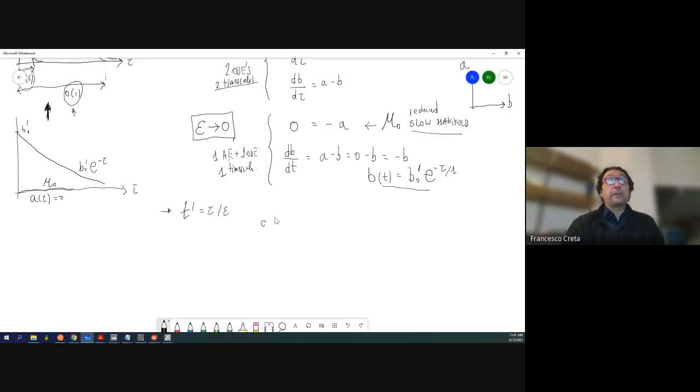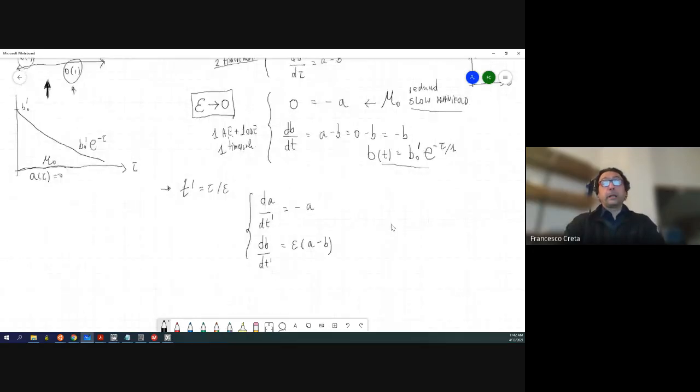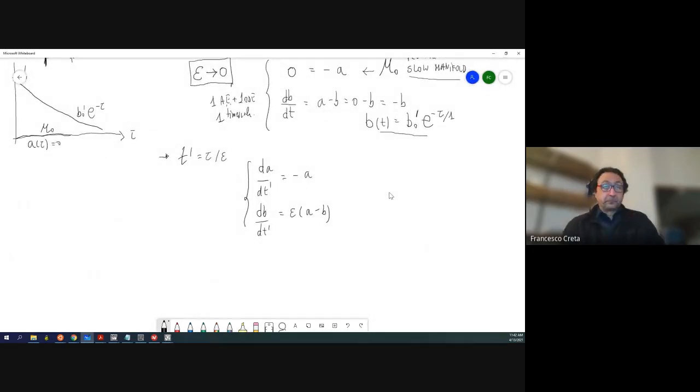So now I have my system, which is of this form here, and now dB over dt prime is epsilon (a minus b). So if I now do exactly the same as before, I tend epsilon to 0, nothing happens to the first one.